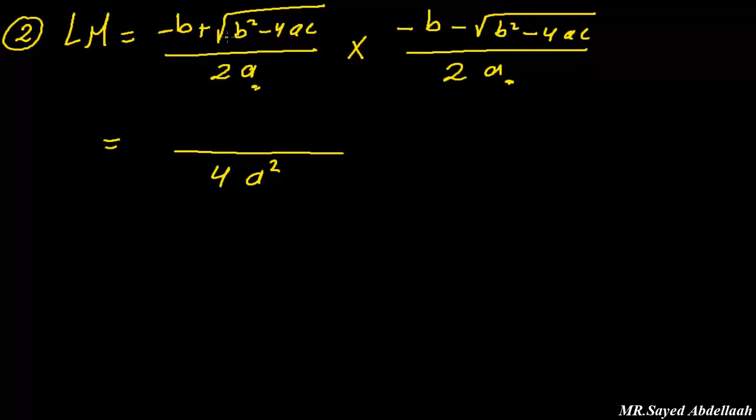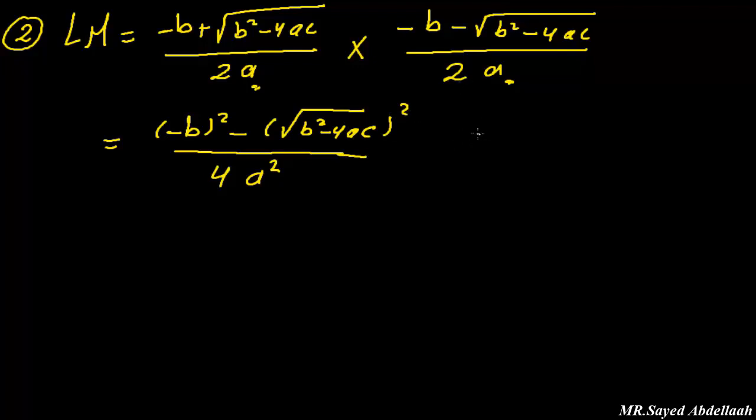And we note that the two numerators are factorized as the difference of two squares. The two squares are negative b squared minus the square of the square root of b² minus 4ac. As what?